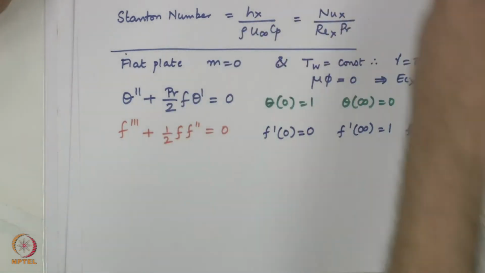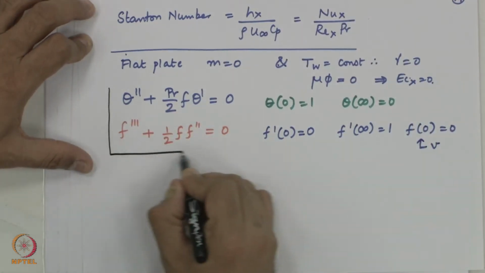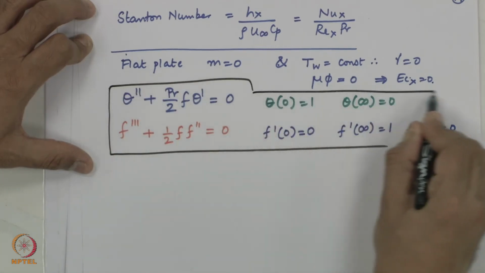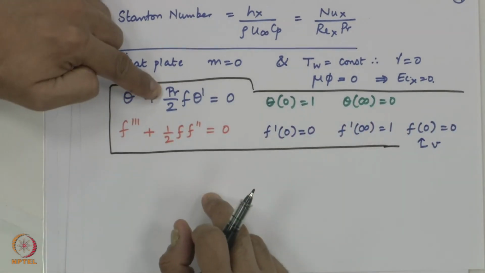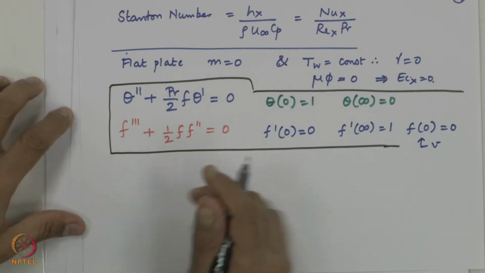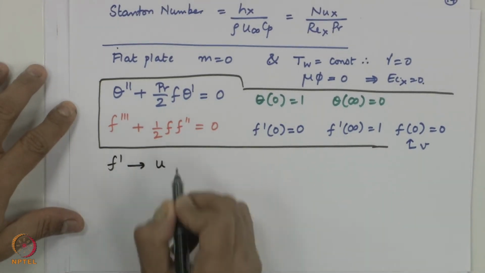Now please take a moment, step back and look at this. Just look at these two equations and the boundary conditions. If Prandtl number was equal to 1, aren't these functional forms identical? Look at this. F prime was my velocity.